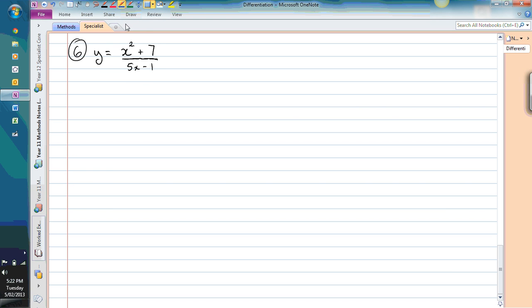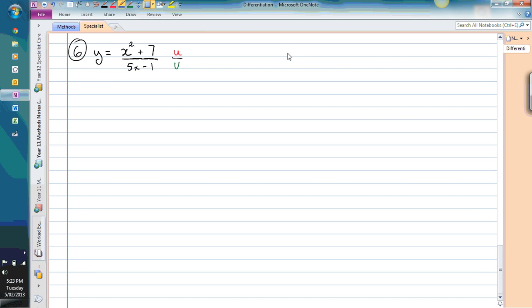So here we have a function, y equals x squared plus 7 all over 5x minus 1. And we use the quotient rule when we've got a function in the form where there's one function of x on the top of a fraction and another function of x on the bottom, so u over v. And this is what the quotient rule tells us.